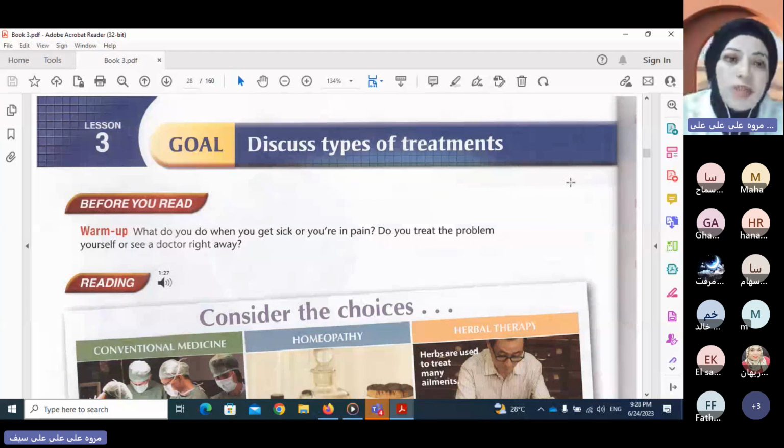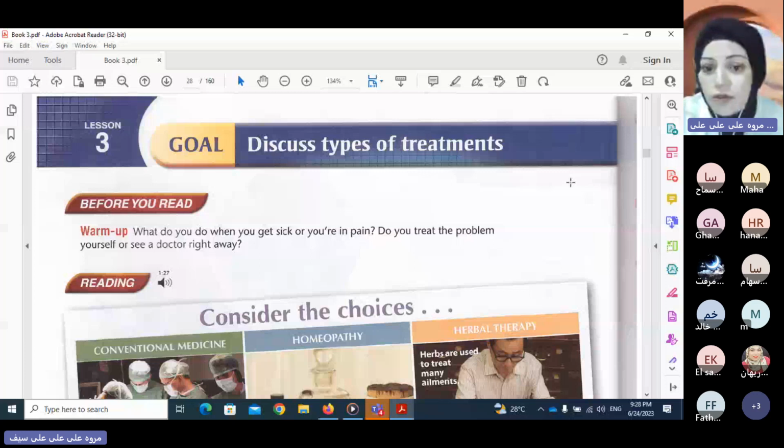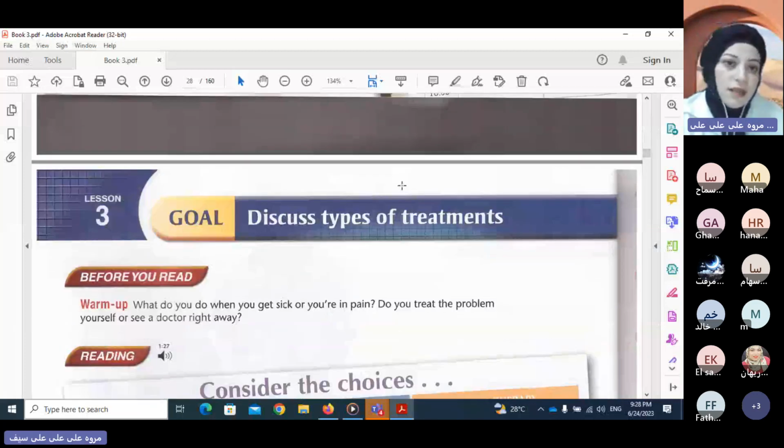My question is: what are some kinds of treatments that you are familiar with? Let me hide this, not to show you the answer, of course. So we are going to discuss some types of treatments.